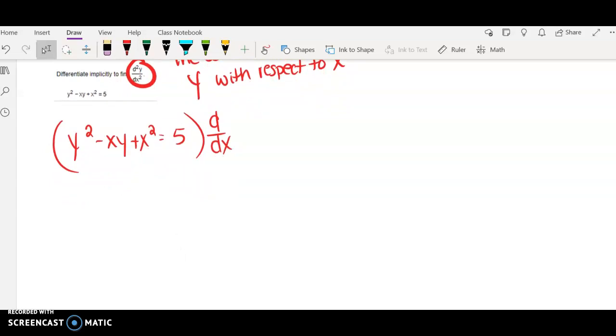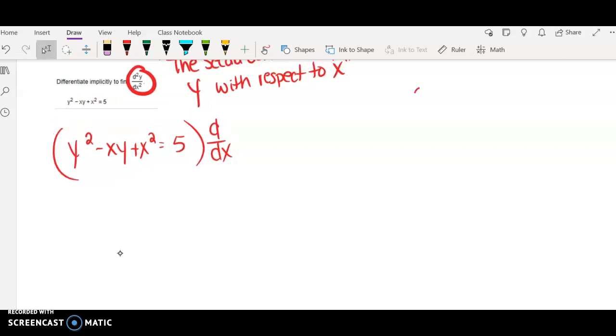If we were to have something like the derivative of 3x squared, that's going to be 6x. But now we don't just have x's in this equation. We have x's and y's. So when we take that derivative of that y, it's going to be a bit different.